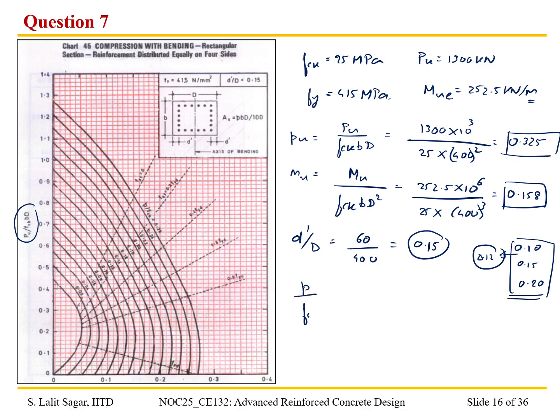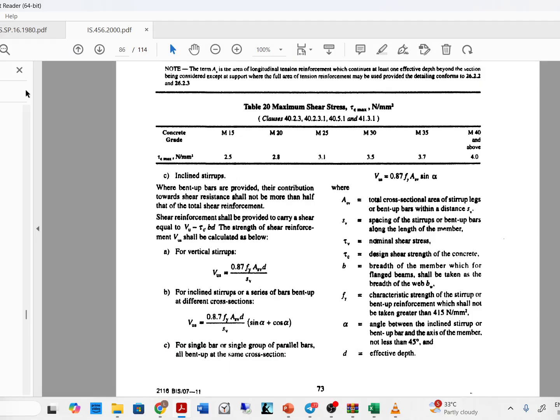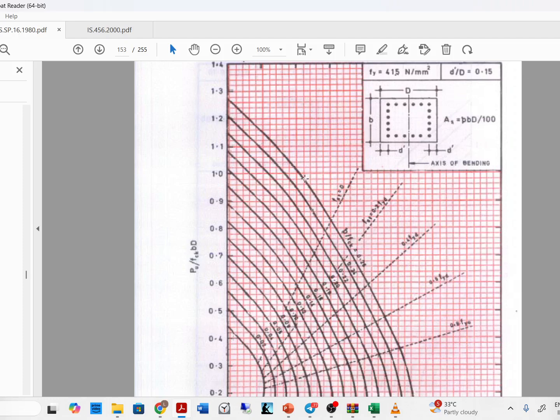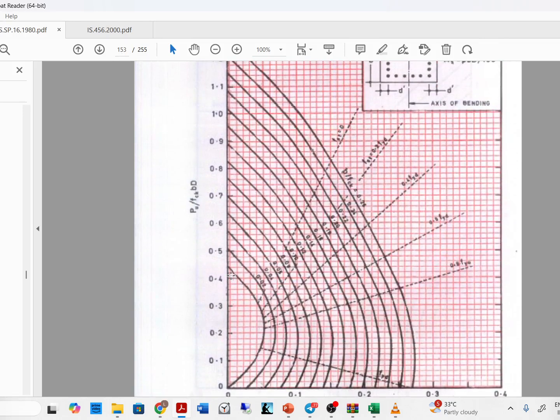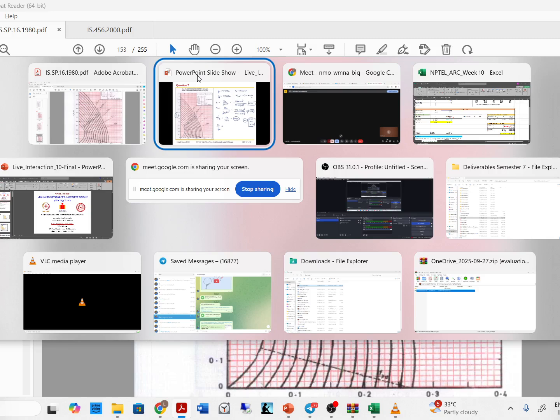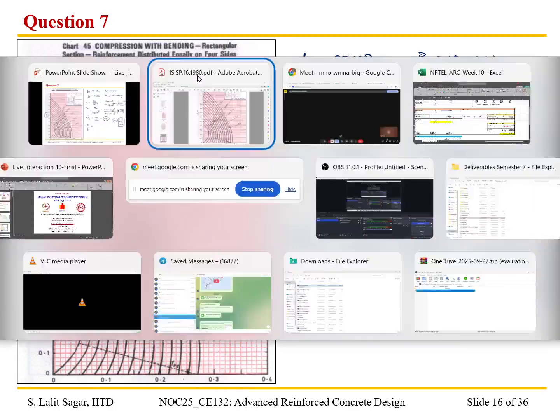So p by fck corresponding to pu by fck bD 0.325 and mu by fck bD square 0.158. Yes, it is on page number 130 of SP16. The values are 0.325 and 0.16.